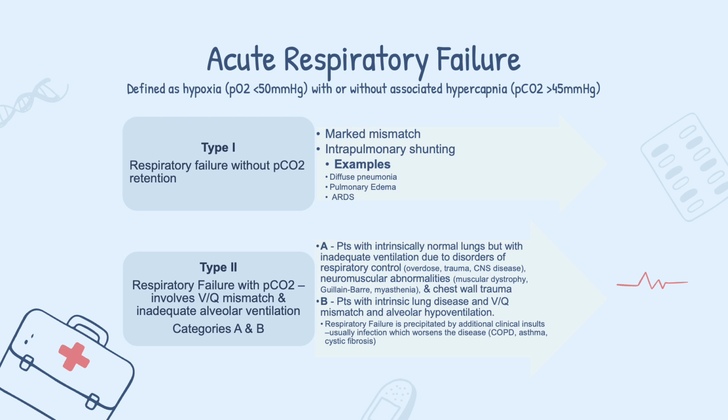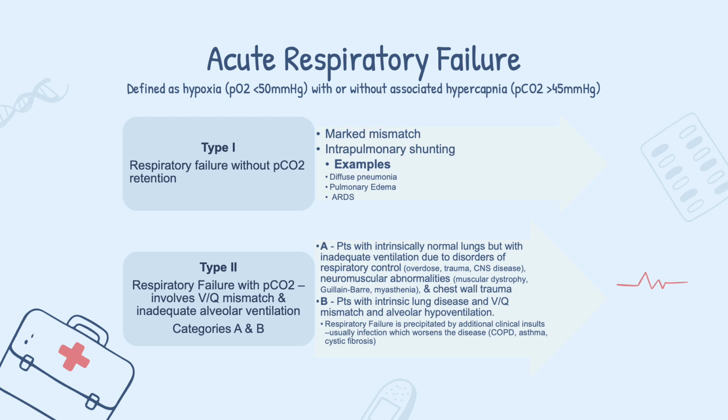Okay, so let's talk about acute respiratory failure. Acute respiratory failure is defined as hypoxia, so our PO2 of less than 50, with or without associated hypercapnia. Hypercapnia is a CO2 of greater than 45. It's divided into two types.